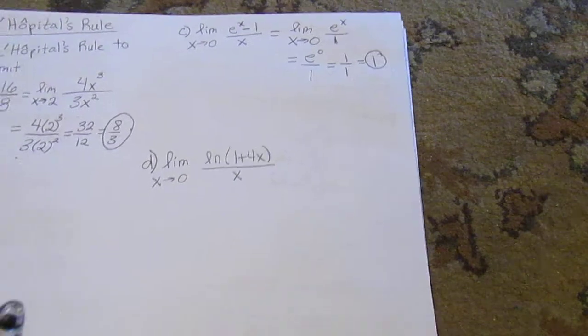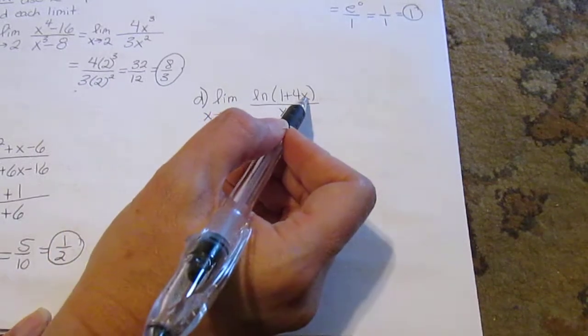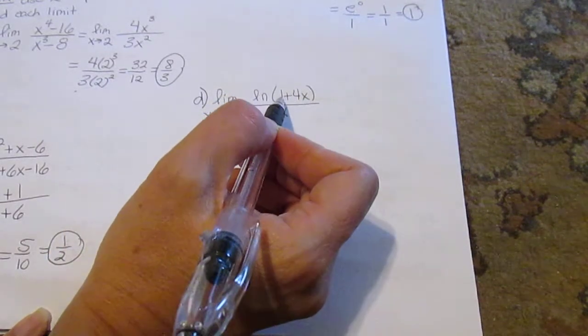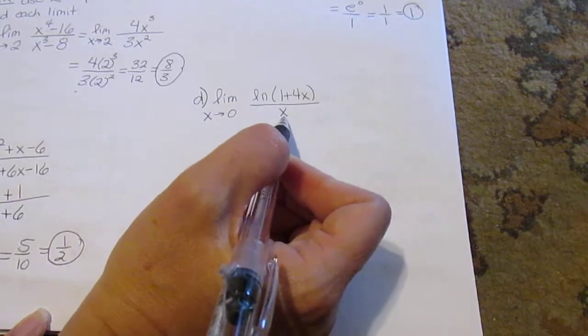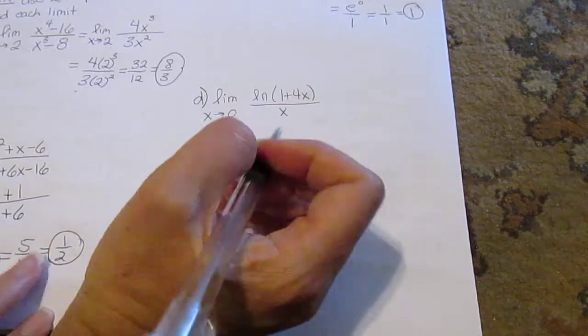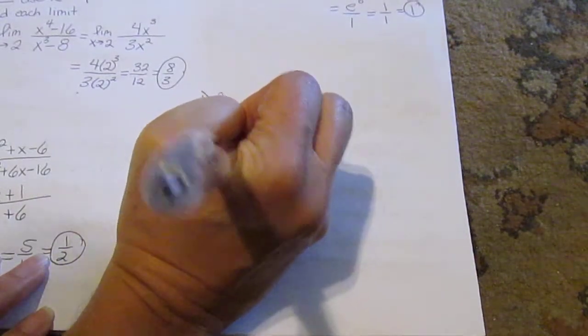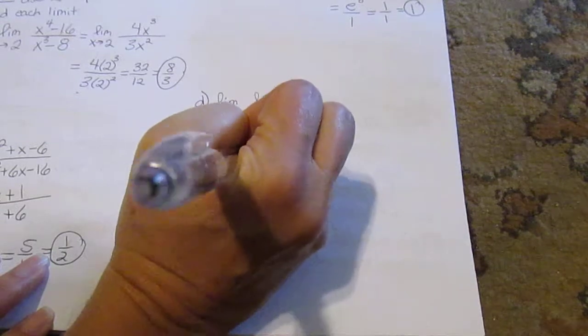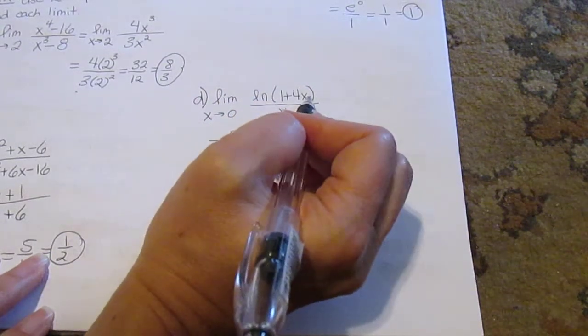And in our last one, the limit as x goes to 0 of the natural log of 1 plus 4x all over x. Well, when we plug 0 in, we get just the natural log of 1, which is 0, and we get 0 on the bottom. So we can use L'Hopital's rule, take the derivative of the top, take the derivative of the bottom. For the derivative of the top, we have to use the chain rule.